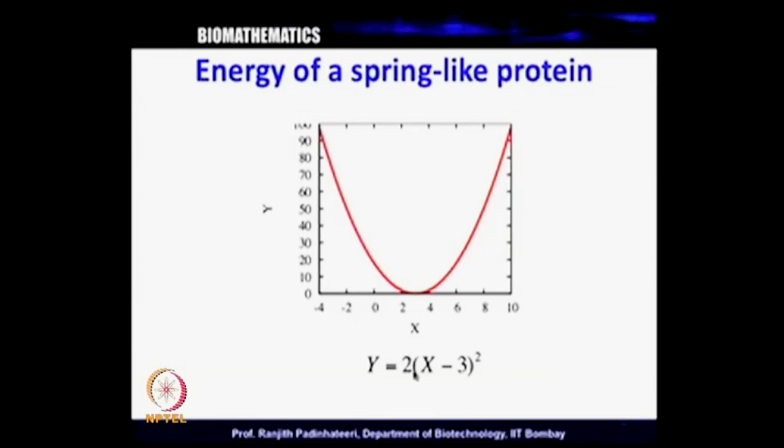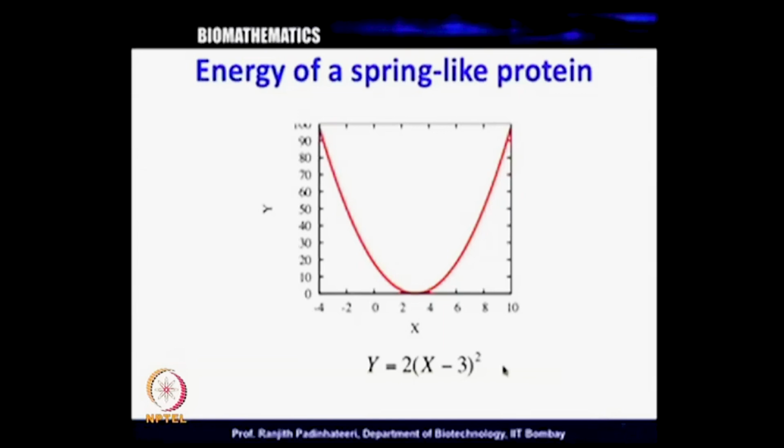And x0 is 3, let's say 3 nanometer. So when you apply no force, 3 nanometer is the length of this protein, and you can stretch or compress it, and the energy needed for this is x minus 3 whole square times 2, where 2 is half of the spring constant.